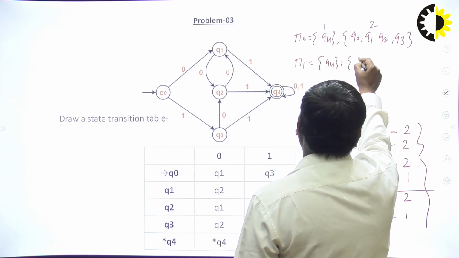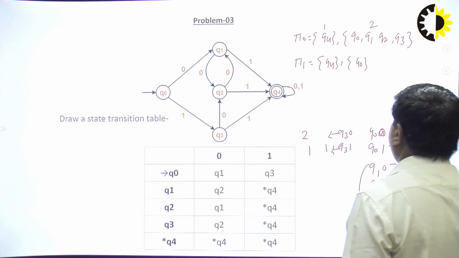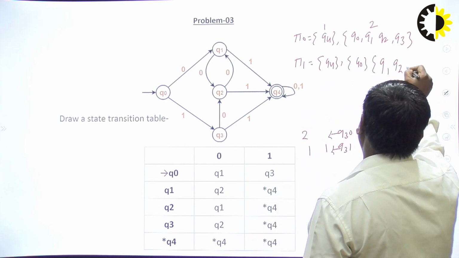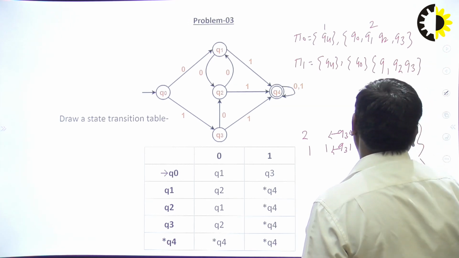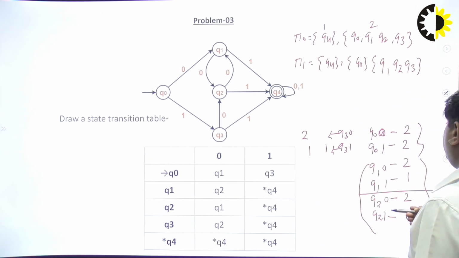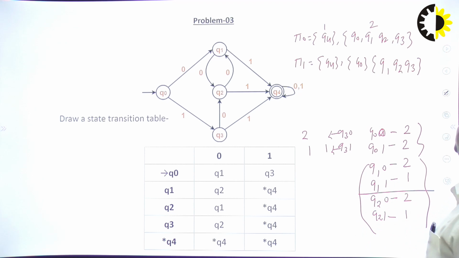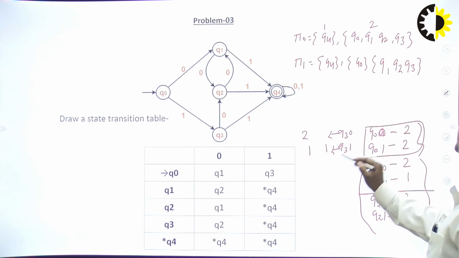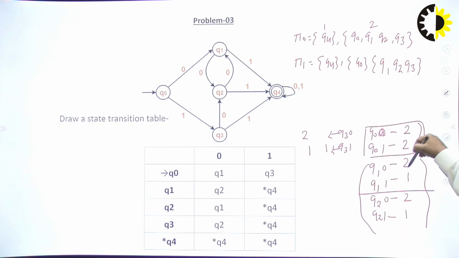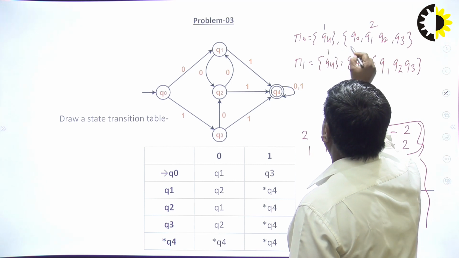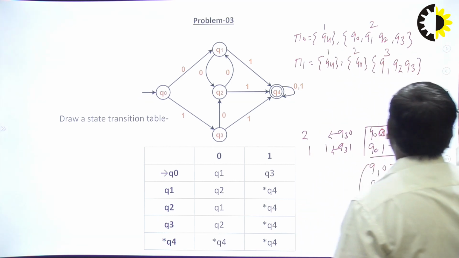Q0 has a different transition function, and Q1, Q2 and Q3 have the same transition function, 2 1, 2 1 and 2 1. So they lie in the same set, and Q0 has a different transition function, so it lies in a different set. This process continues. How many sets exist? 1, 2, 3.